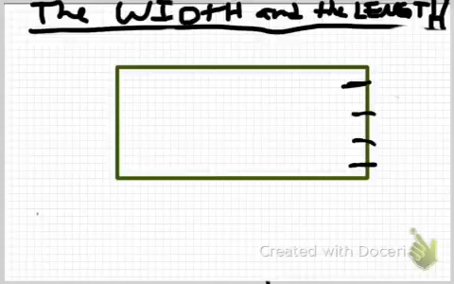I made a diagram to show the problem. The part where it says 2 2/3 feet high does not matter, because it's the rectangle of our backyard. The height doesn't matter.